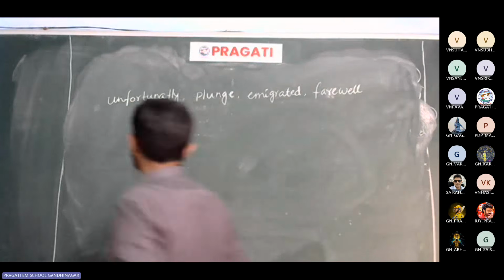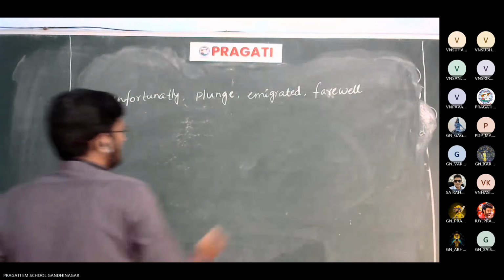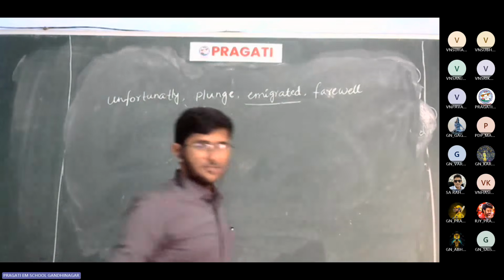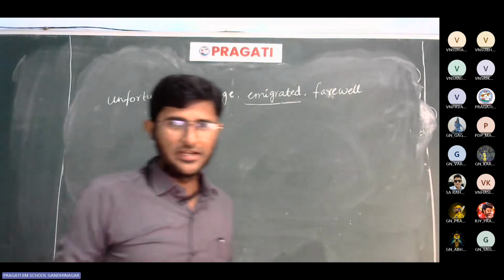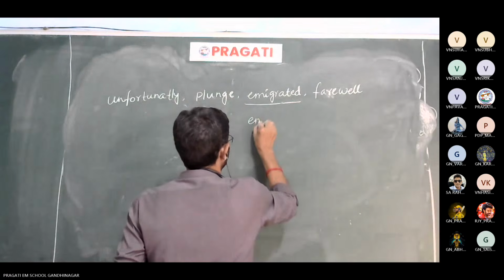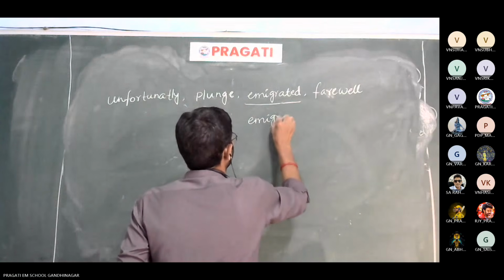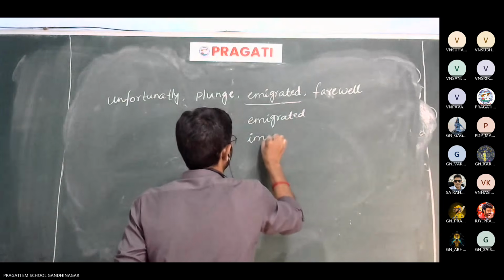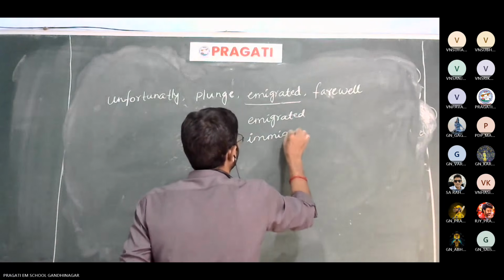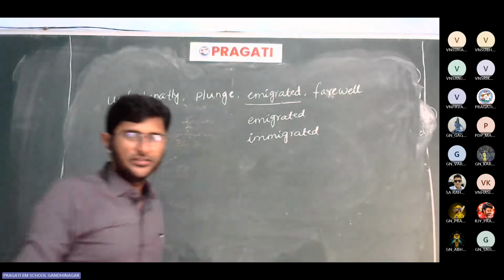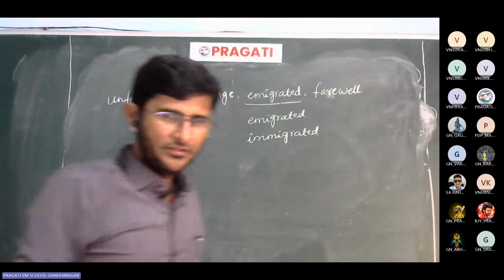Okay. See this word emigrated. Sometimes people might get confused. There are two words, emigrated and immigrated. Okay, so both the words are there. Don't think that one is right and one is wrong. The context is different.